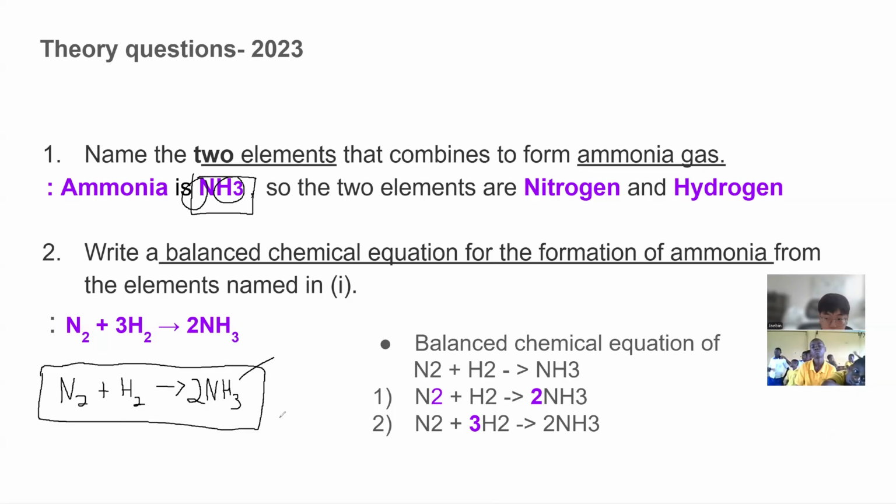So if there are two threes, then there are six in total.